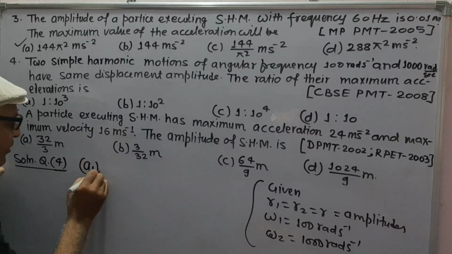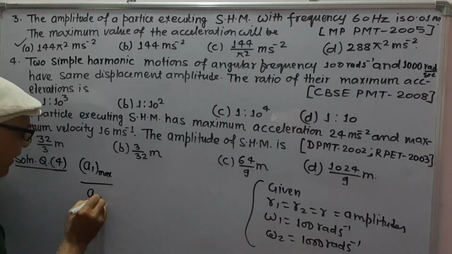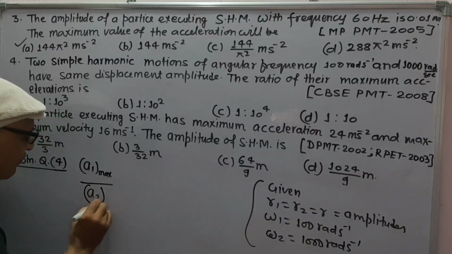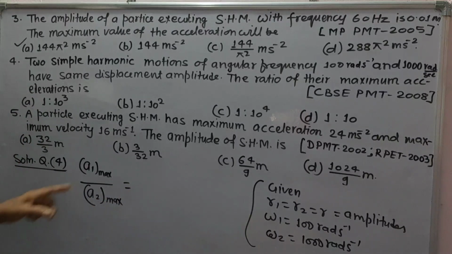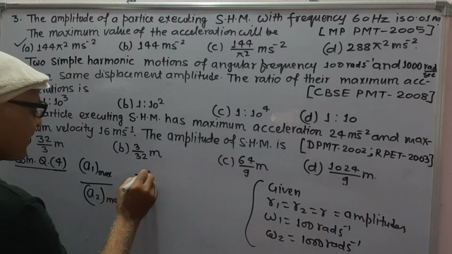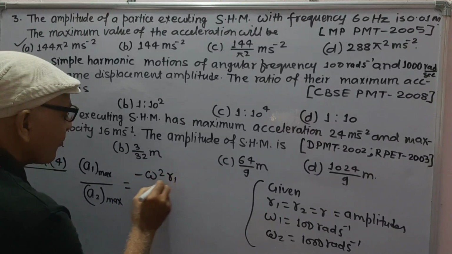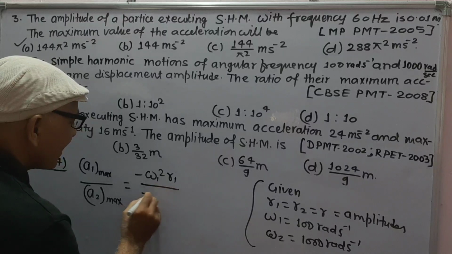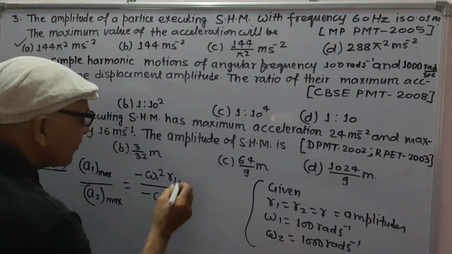So A1 maximum upon A2 maximum, here it is minus omega 1 square into R1 upon minus omega 2 square into R2.